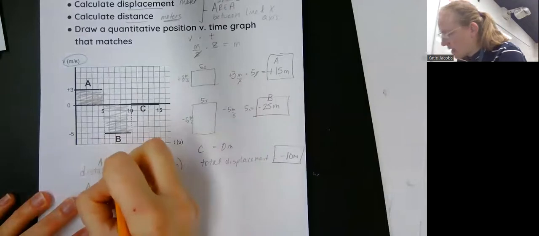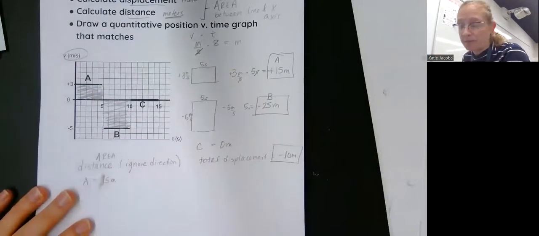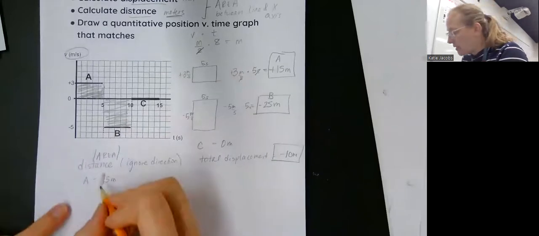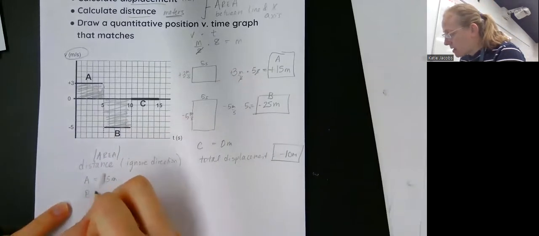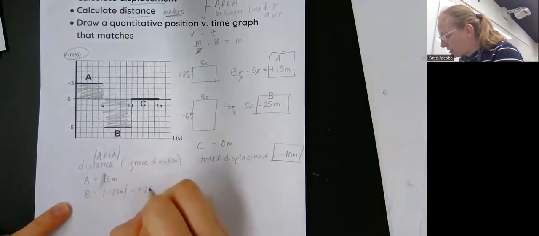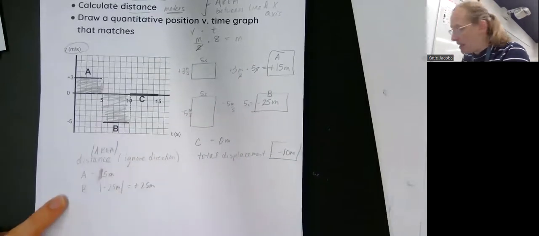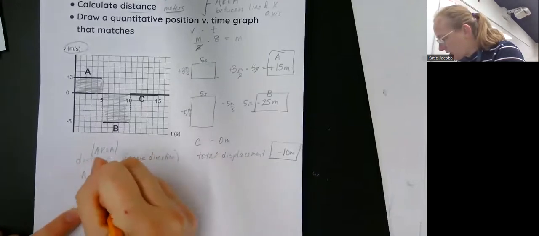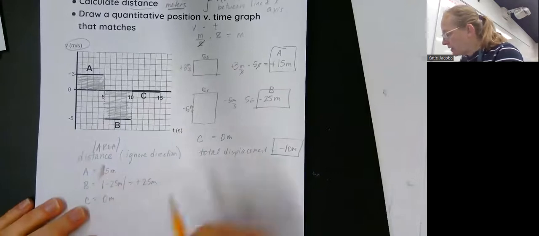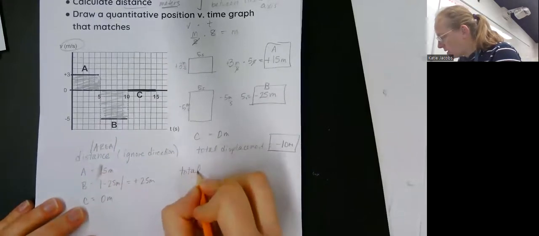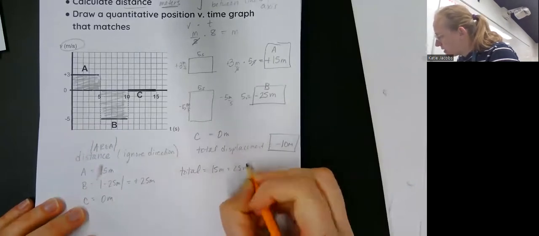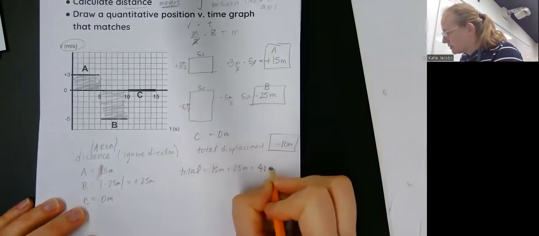The difference is I'm making everything positive. It's like the absolute value of all the areas. So A is 15 meters. B is the absolute value of negative 25, which is positive 25 meters. And C, once again, is 0 meters. So my total is 15 plus 25, which is 40 meters.